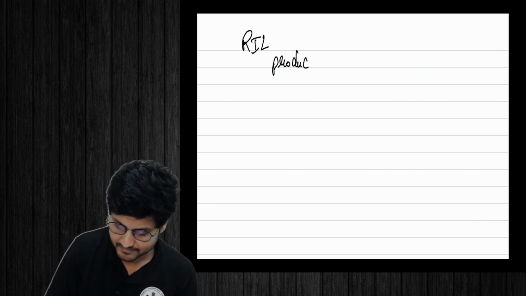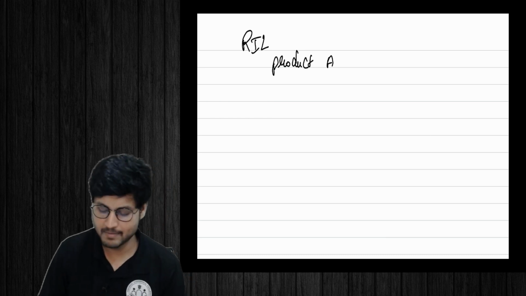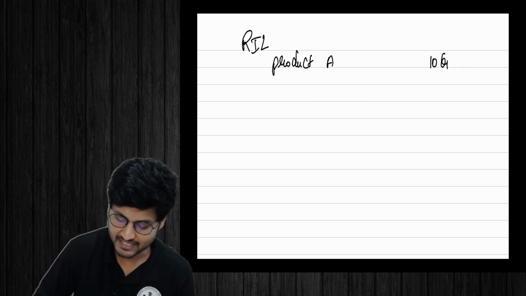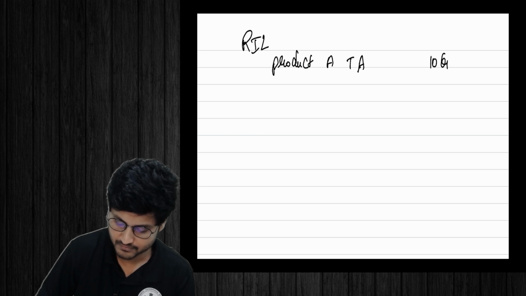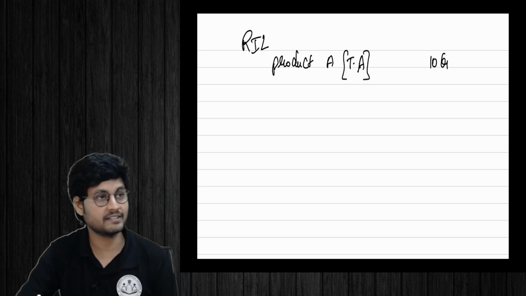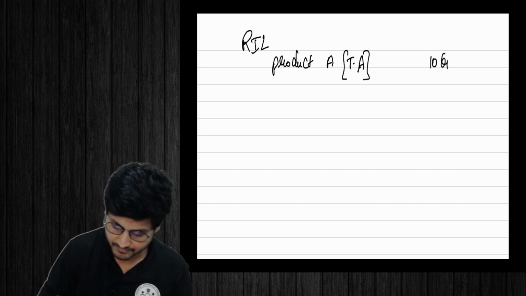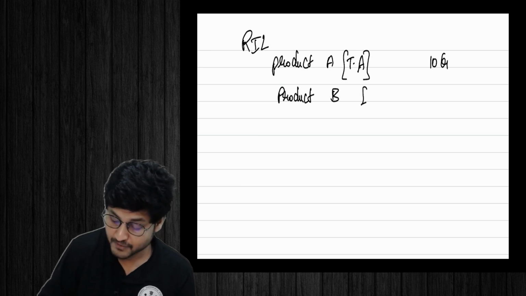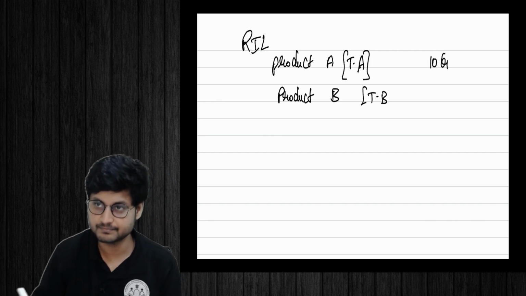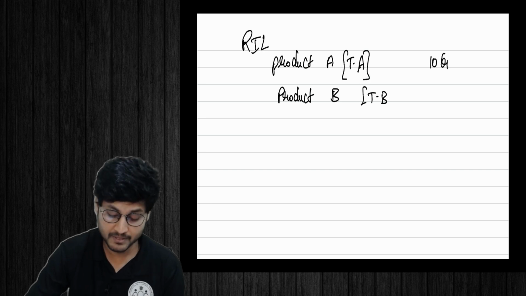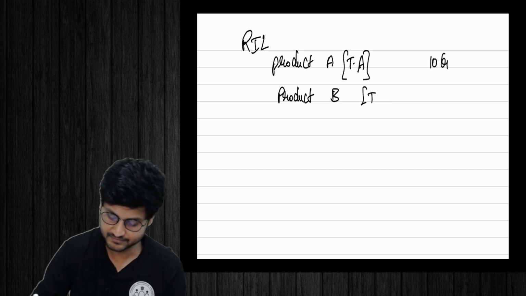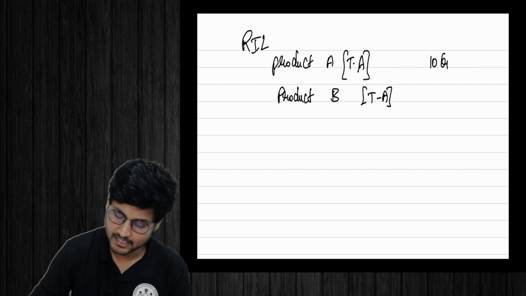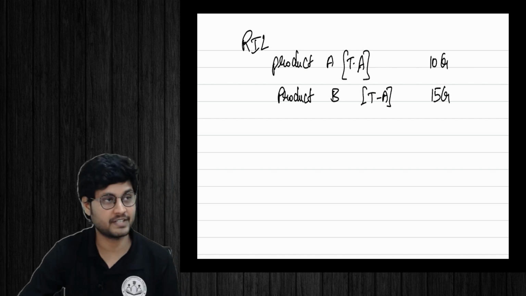Product A, imagine 10 crores, which is mentioned in table A. Product B, which is mentioned in table B. Write it as table A only. It is 15.